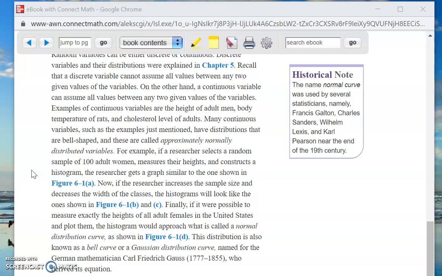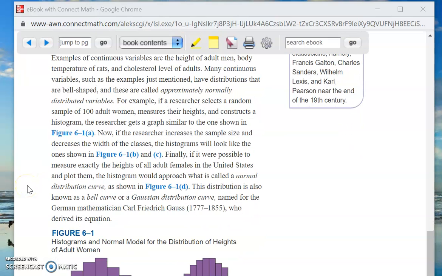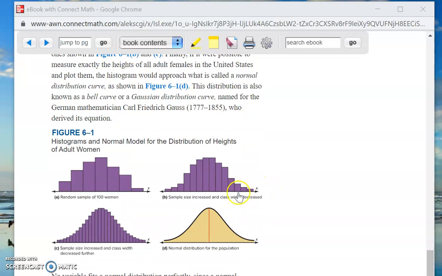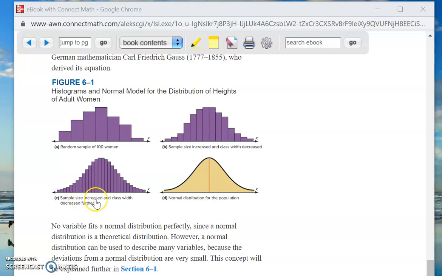What makes it a normal distribution includes some other criteria that we will discuss at the appropriate time. Okay, so here's an example. This kind of looks like a bell shape. This kind of looks like a bell shape. What's going on here is that as you increase the sample size and you get a smaller and smaller class width, it's getting closer and closer to being a nice smooth curve.